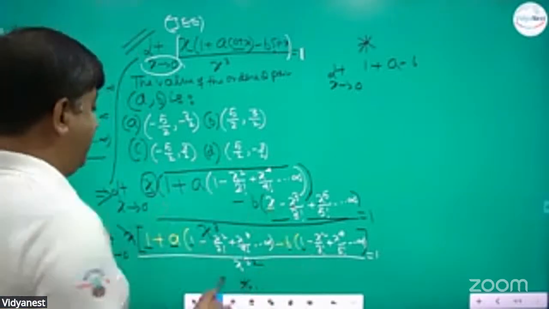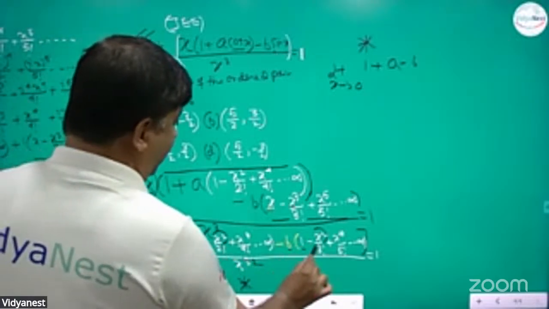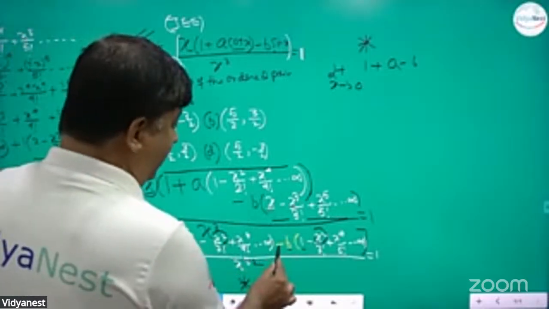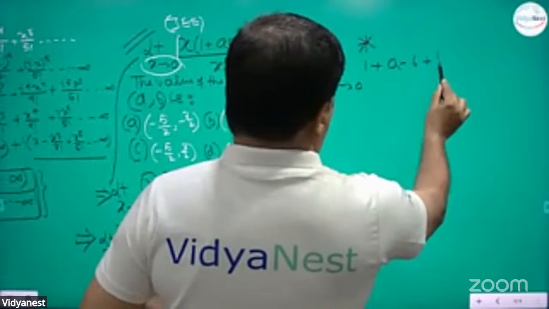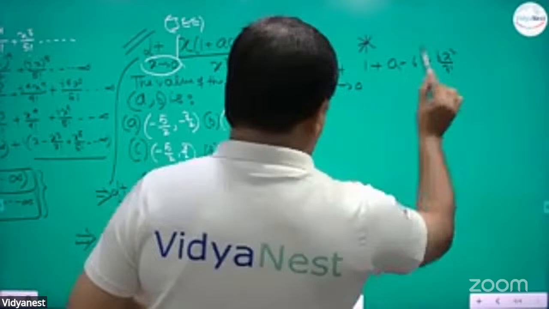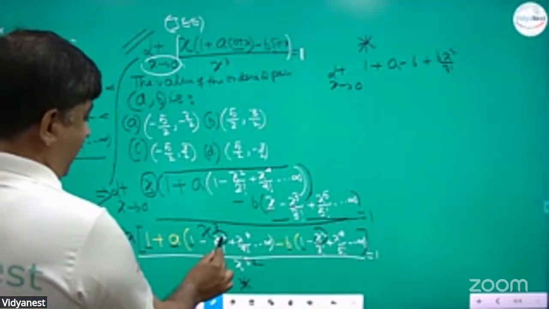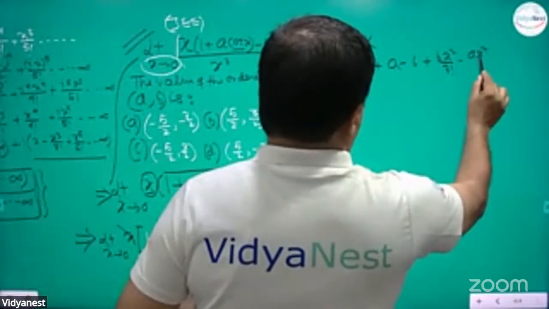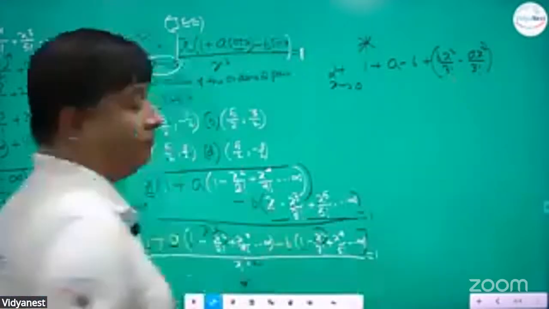Rest part means here you are getting 1x square, 1x square. You put them together. Here, minus minus plus. So plus bx square by factorial 3, and here minus ax square by factorial 2. Okay?